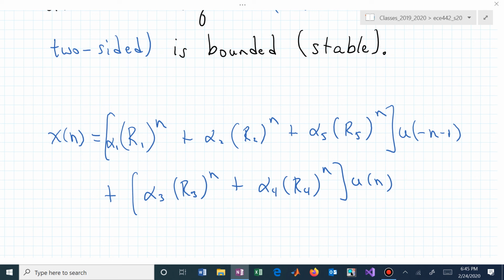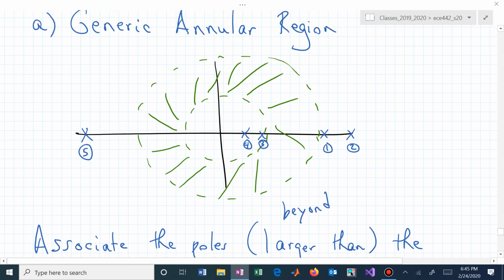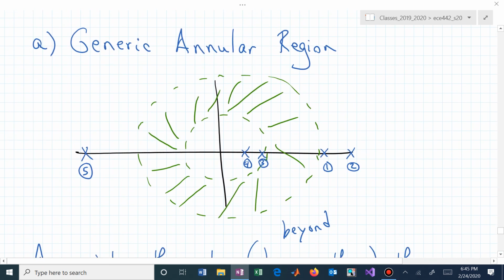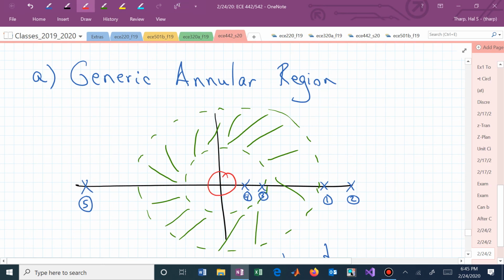You can't until I tell you what some of those r's are equal to. Yes? I have to label this a little bit more specifically. I have to show you where the unit circle is. If the unit circle was here, what could you tell me? Bounded or unbounded? If the unit circle was here, bounded or unbounded? Bounded.